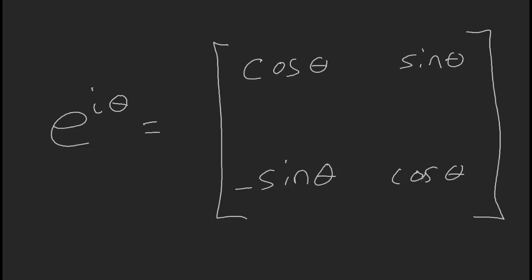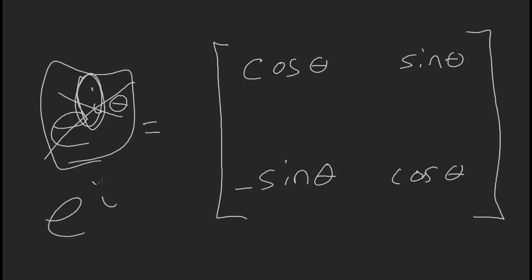Written this way, you don't need i. You can get rid of the imaginary identity, because it is embedded into the 2x2 matrix. And you can see here the very beautiful 2x2 matrix formalism of e to the i times theta. I actually think this is very beautiful.